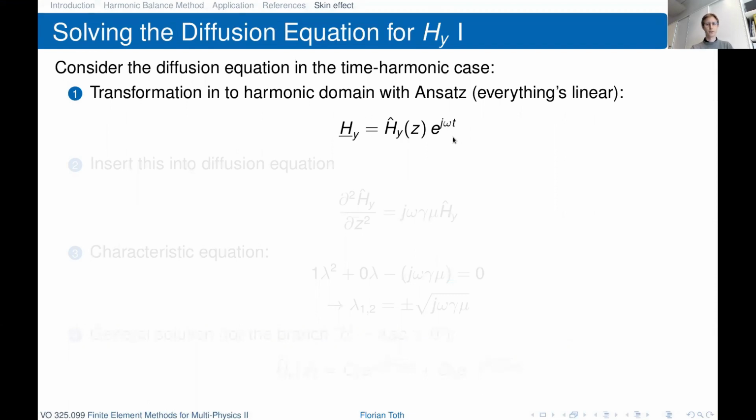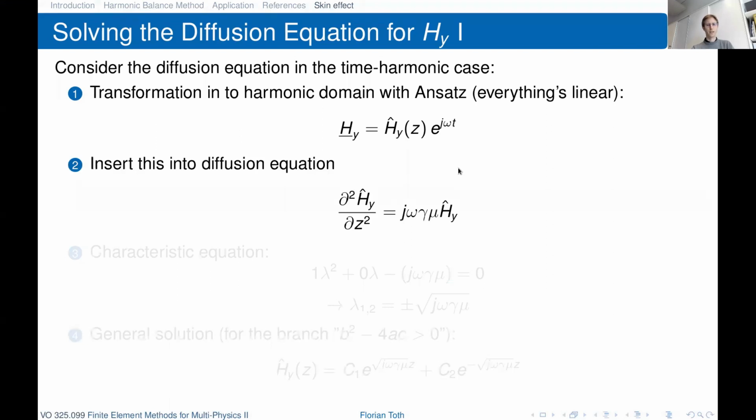We introduce this ansatz for the harmonic time dependence, and we keep the spatial dependence in the amplitude coefficient, Hy with a hat here. It can be complex valued. We'll insert the ansatz in the diffusion equation and see, okay, the time derivative is gone. We only have the derivative with respect to z.